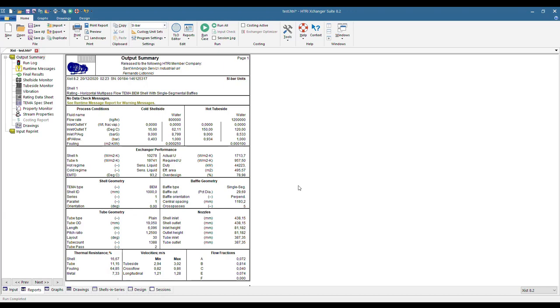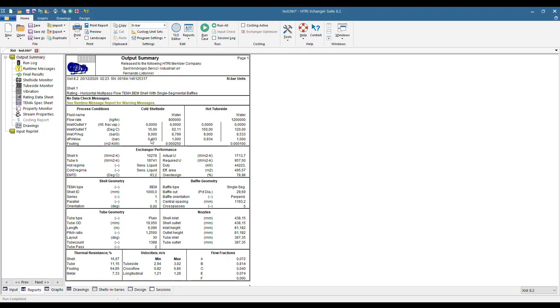Okay, now we have this output summary. Let's check what we have in this output summary. First of all, the first thing that we see on the printout are the pressure drops. 0.4 on the shell side and 0.934 on the tube side.